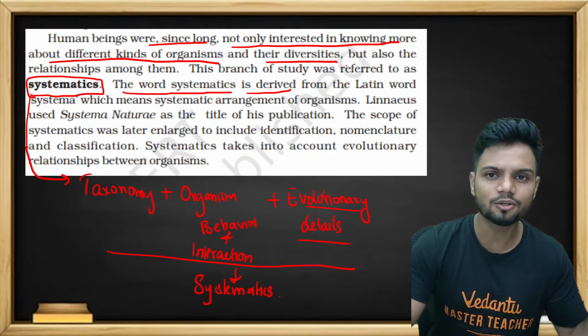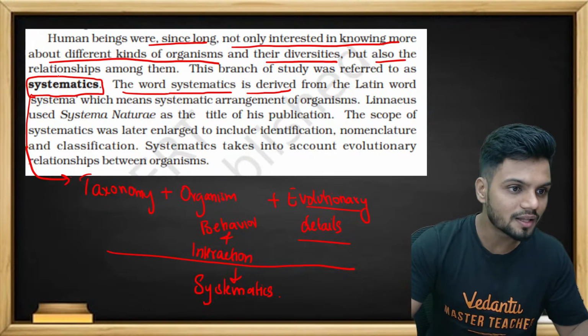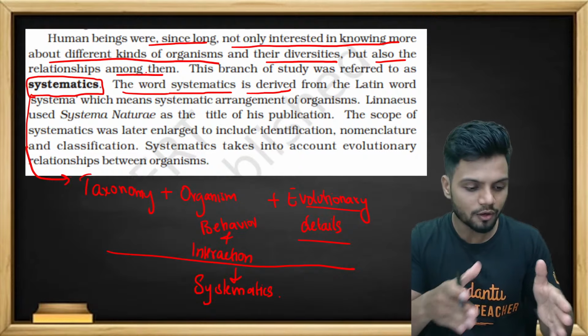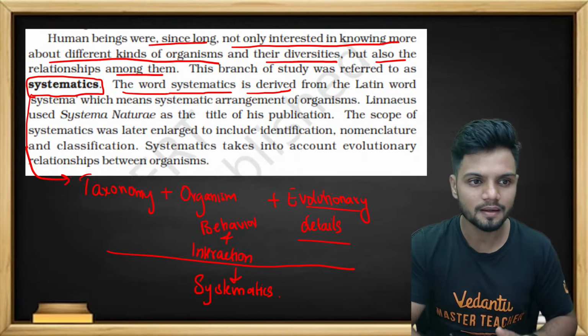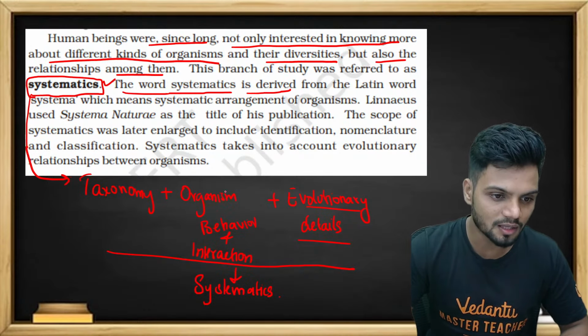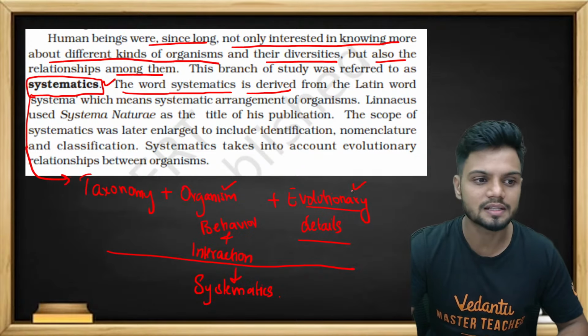All of them are like dogs only, but a little bit different. But also the relationship among them. How are wolves interacting with other wolves? How are wolves interacting with foxes? That is interaction. This branch of study is referred to as systematics, where we learn about organism behavior and interaction, plus taxonomy, plus evolutionary details.